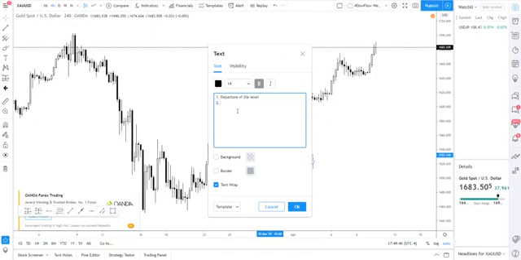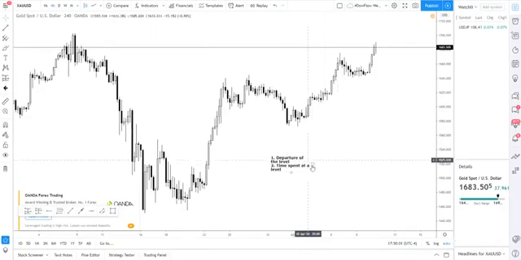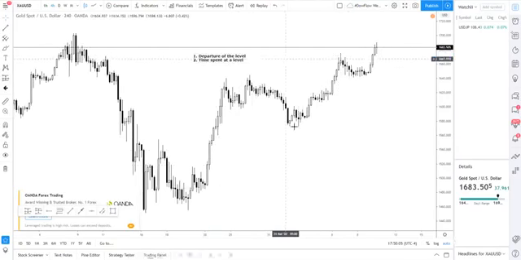Let me just type it out so that you're able to see it. Number one, we look at the departure of the level. The second thing that we look at is the time spent at a level. These are the two things we look at when it comes to identifying whether there's actually institutional buying and selling at a level.